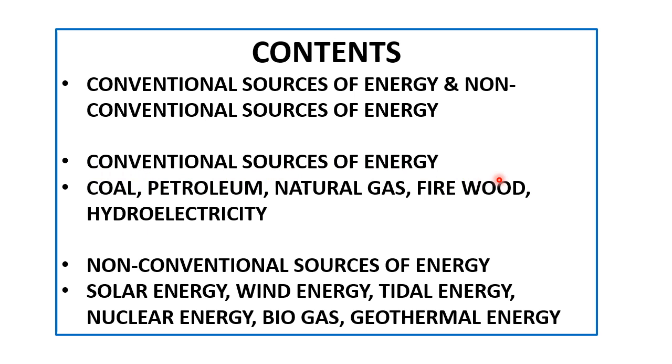Among conventional sources of energy: coal, petroleum, natural gas, firewood, hydroelectricity; and non-conventional sources of energy: solar energy, wind energy, tidal energy, nuclear energy, biogas and geothermal energy. Their advantages and disadvantages, all these things we will see in this topic.